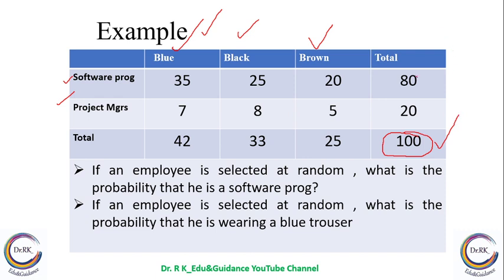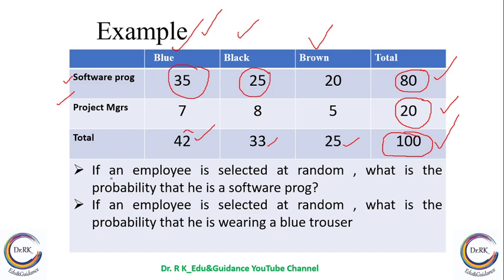Out of which 80 are software programmers and 20 are project managers. Similarly, out of 100, with respect to color of dress, it is 42, 33 and 25. And there are intersections, for example blue dress and software programmer, similarly black dress and software programmer.